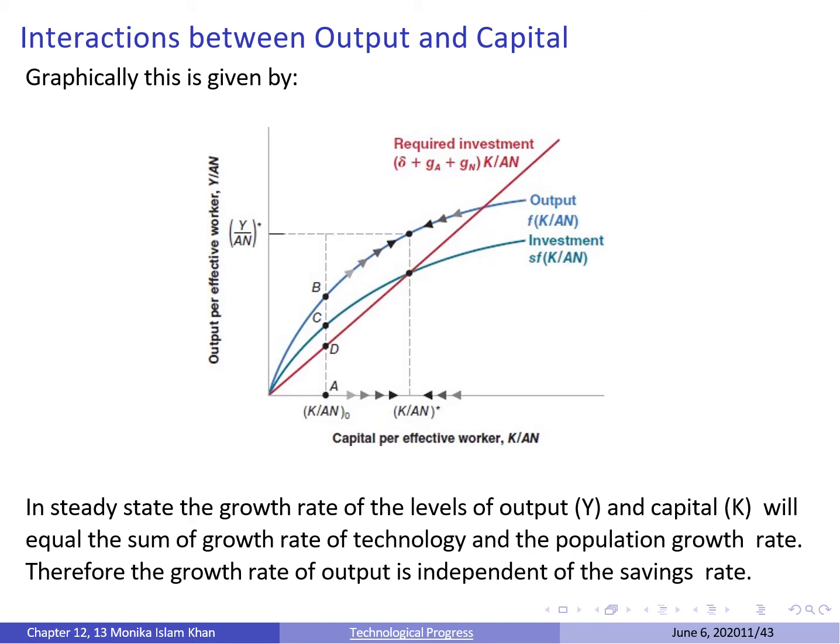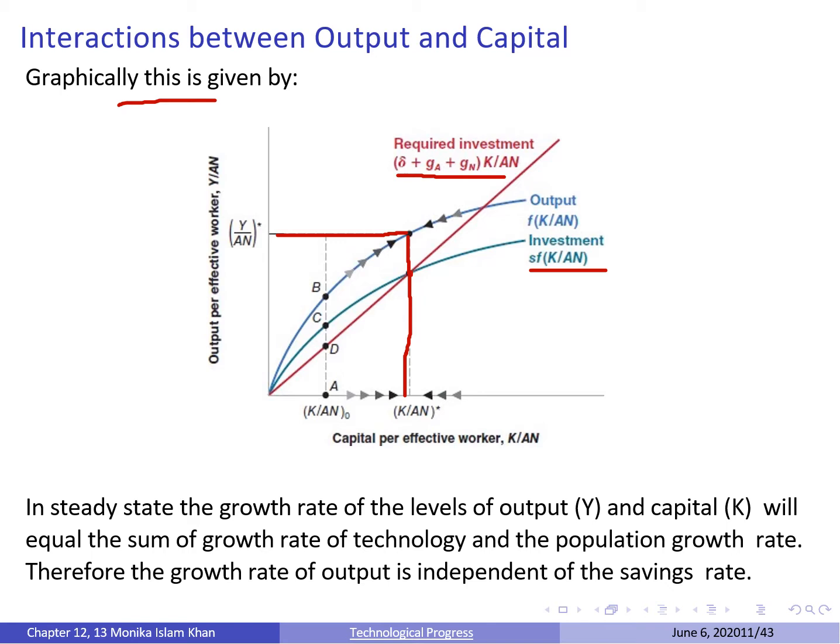The equation in the last slide can be graphically shown by this graph, where the right side of that equation is the required investment, and when this required investment intersects with the level of investment at this point, that is your steady state. So at this steady state, this is your capital per effective worker, and this is your output per effective worker.